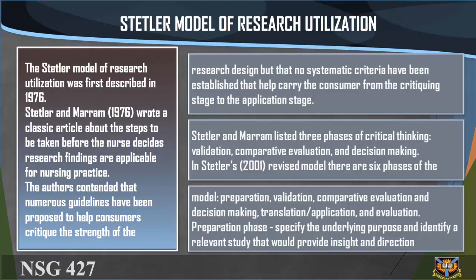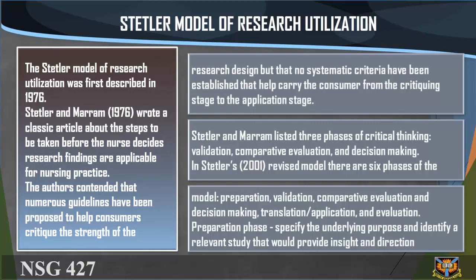Stetler model of research utilization. The Stetler model of research utilization was first described in 1976. Stetler and Marram, 1976, wrote a classic article about the steps to be taken before the nurse decides what research findings are applicable for nursing practice.